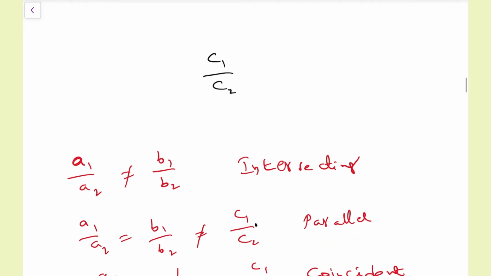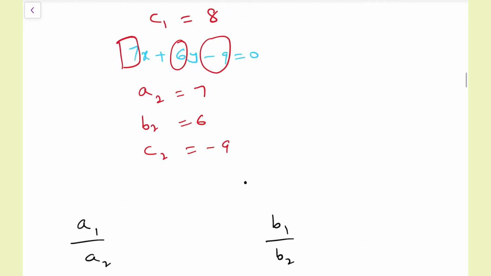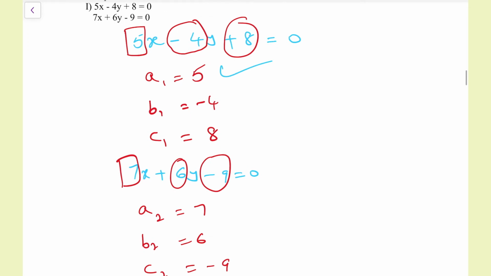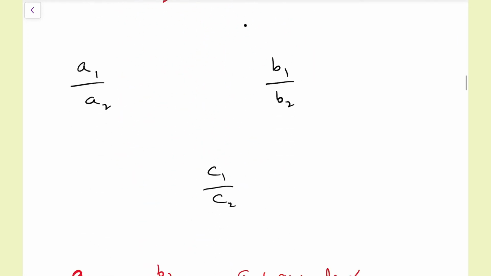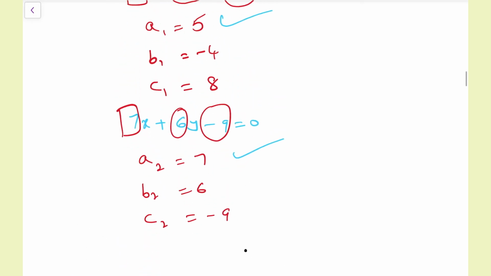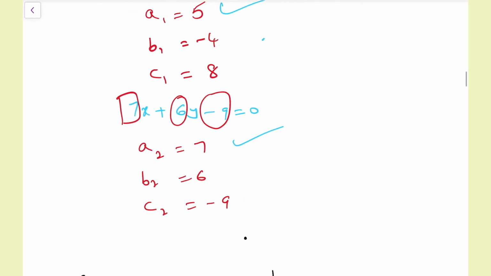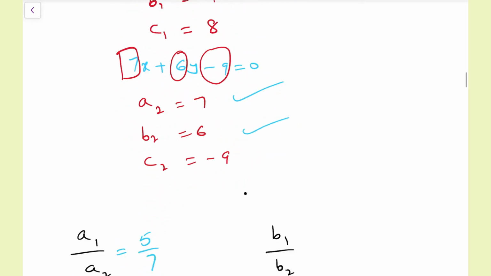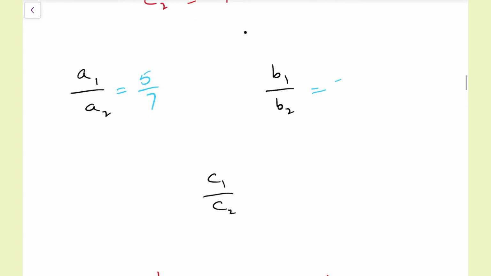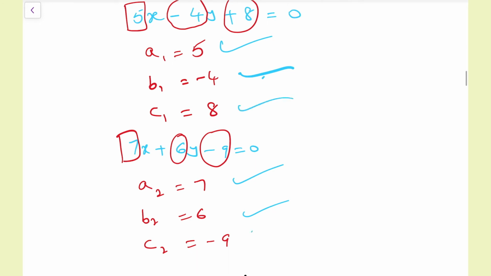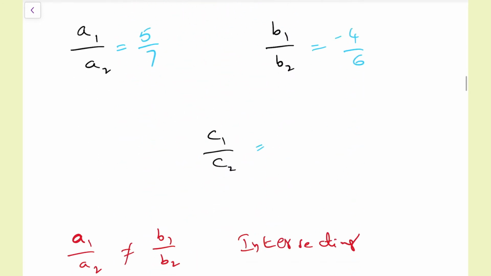So let us find the ratios now. A1 by A2, A1 is 5 and A2 is 7, so 5 by 7. B1 by B2, B1 is minus 4 and B2 is 6, so minus 4 by 6. C1 by C2, C1 is 8, C2 is minus 9, so 8 by minus 9.